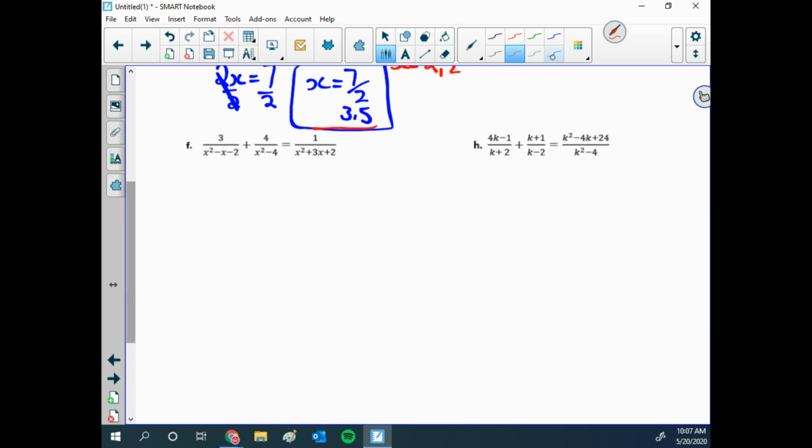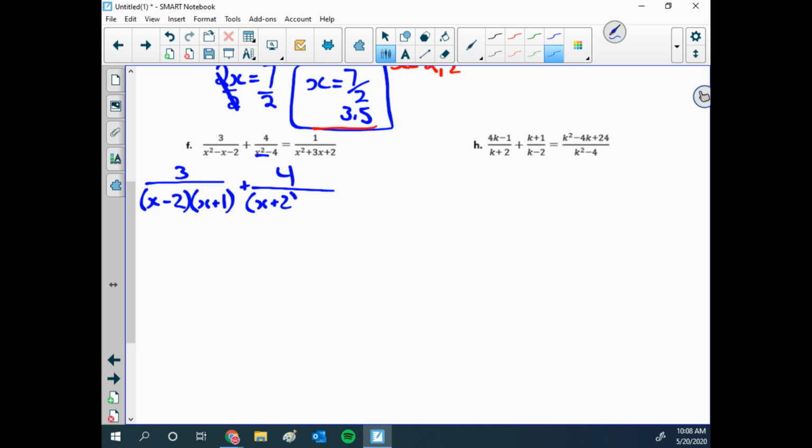So the first step we said we should do here is to factor. We're looking for a common denominator, but before we can do that, let's factor. So 3 over that trinomial can be factored with a equal to 1. So I'm looking for two numbers that multiply to -2 but add to -1. So that would be x minus 2, x plus 1, plus 4 over this denominator, which can be factored using a difference of squares.